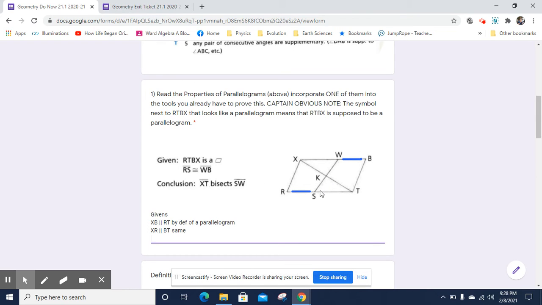So we can definitely demonstrate that KST and KWX are congruent because they're alternate interior angles.